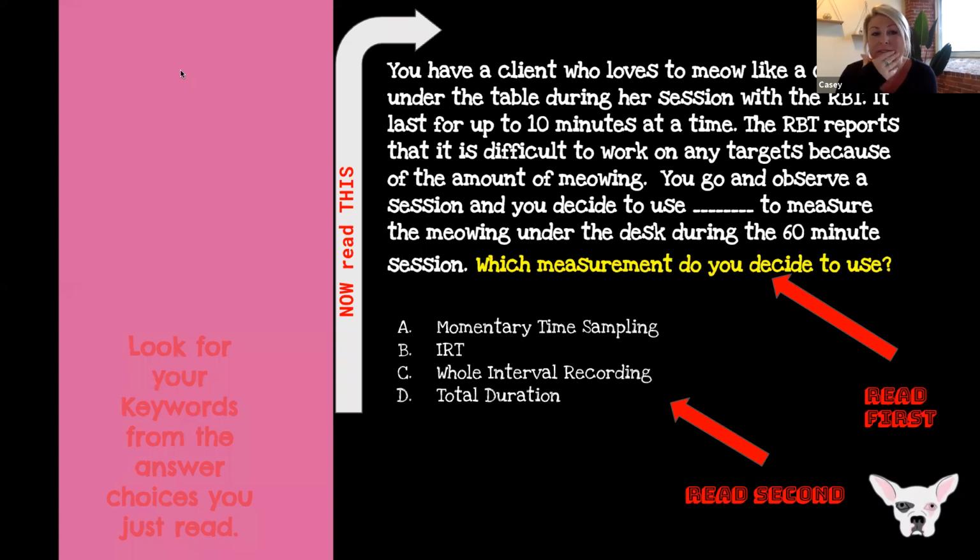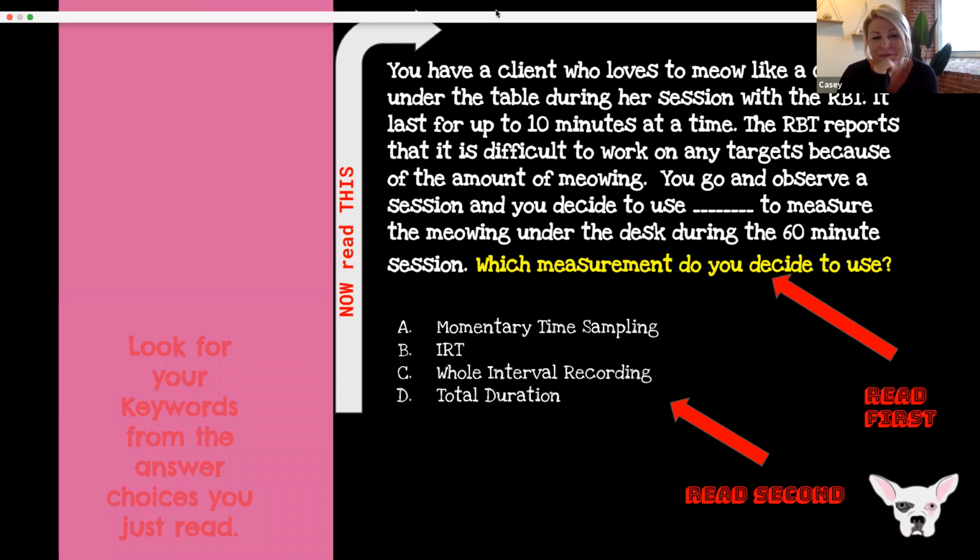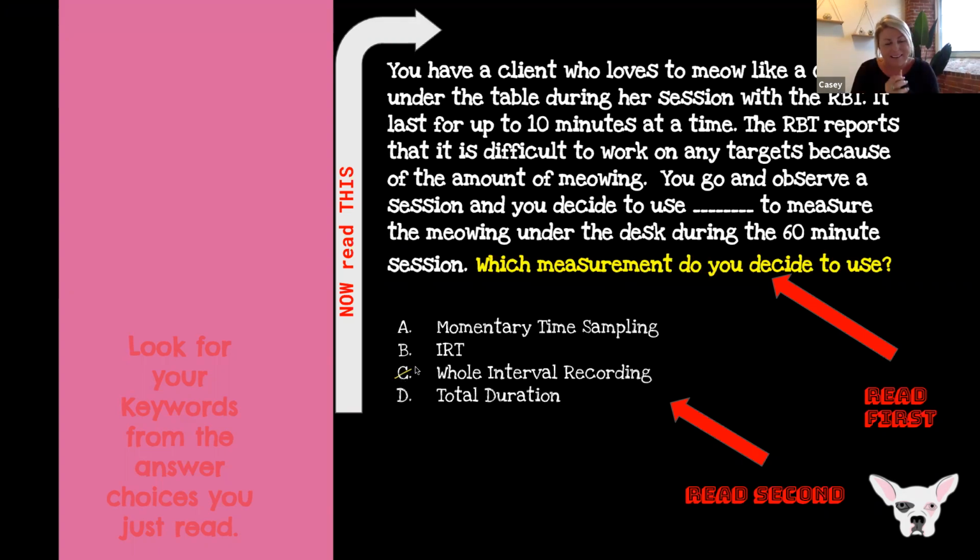So I wouldn't use that because I don't want to increase this meowing, right? It's not going to give me the best picture. Momentary time sampling, I would take out also because it's mainly used to peek up at the end of the interval and just see if people are either on task or what, it's more for groups in the sense.